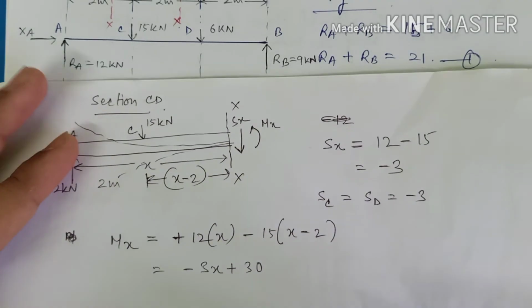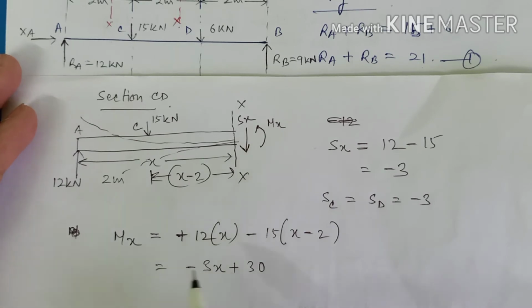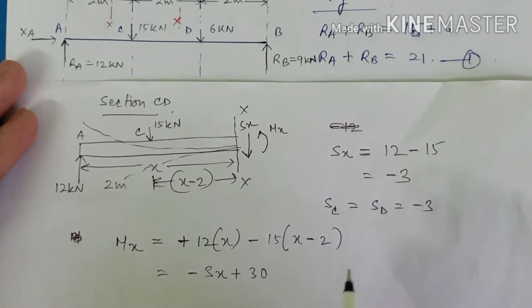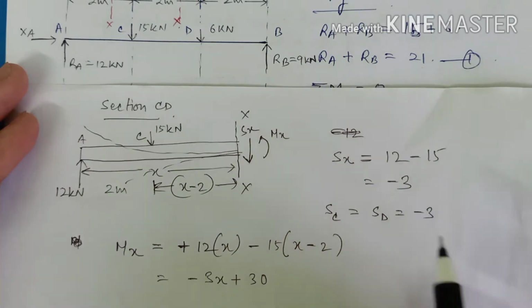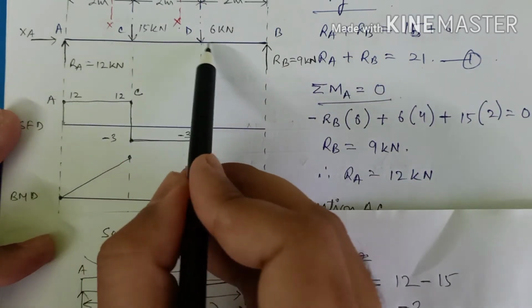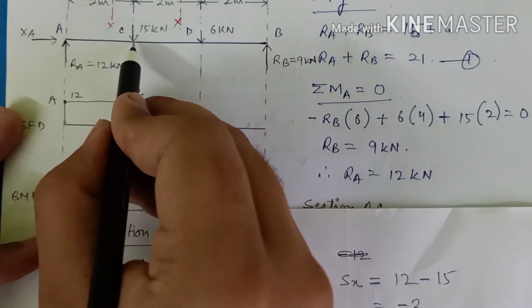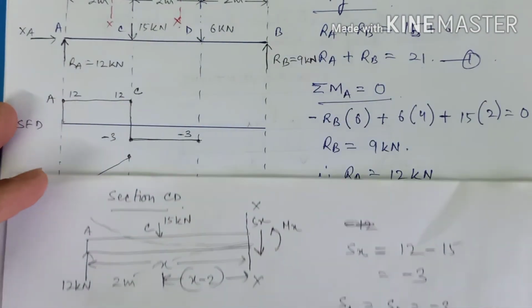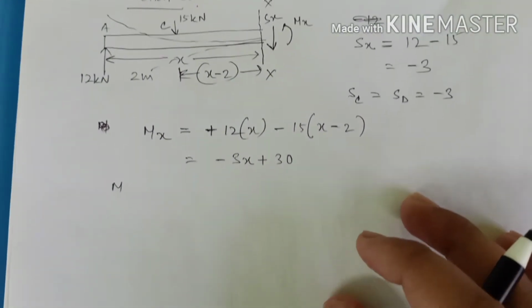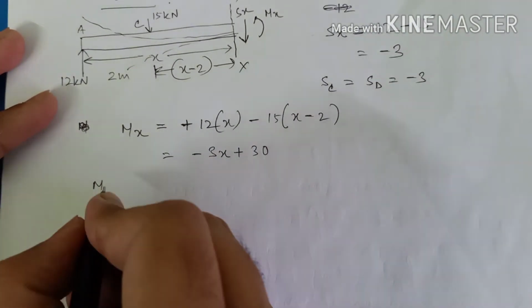So see guys, we have the x variable in our bending moment equation. That means the value of bending moment will vary as we go throughout the section CD. So we have 2 points, that is C and D. Let us calculate one by one. So first, what will be the bending moment at C?